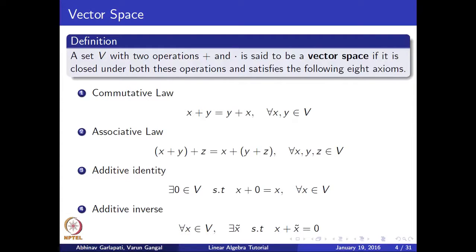The additive identity law says that there exists an additive identity, a zero, in the set, such that if you pick any element and add this zero to it, you get back the same element. The additive inverse law says that for every element x, there exists a corresponding x bar such that x plus x bar equals 0.